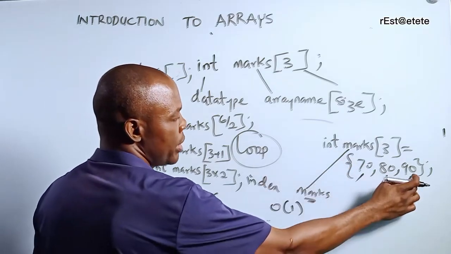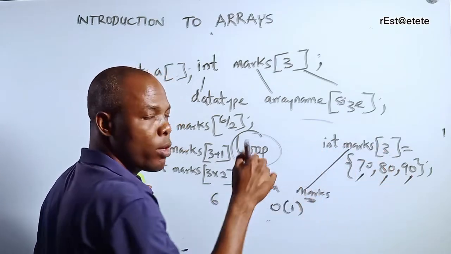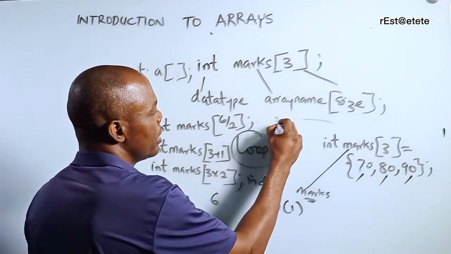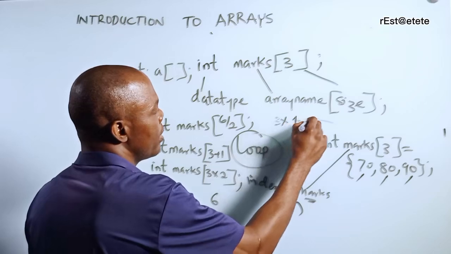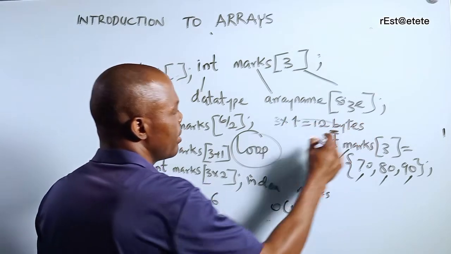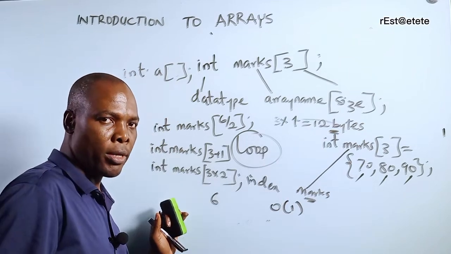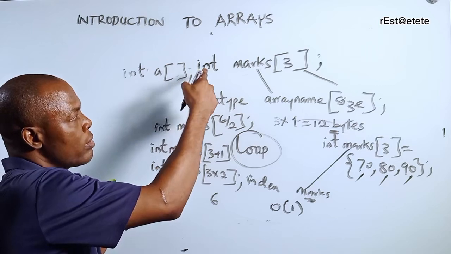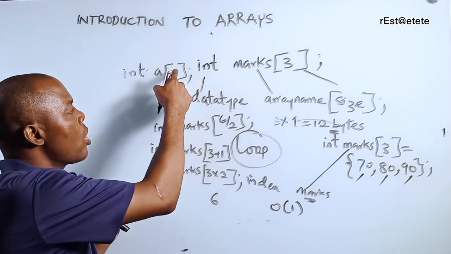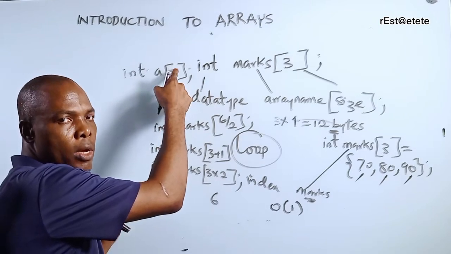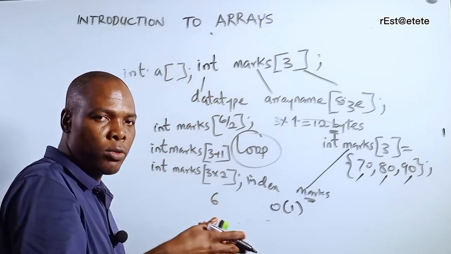The total size of memory that will be allocated for this array will be 3 multiplied by the size of the data type, which is 4. 3 times 4 is 12 bytes. That's what the compiler will allocate in memory space. So if you declare something like this without initializing it or putting the size inside the square bracket, how would the compiler know the memory space to allocate?